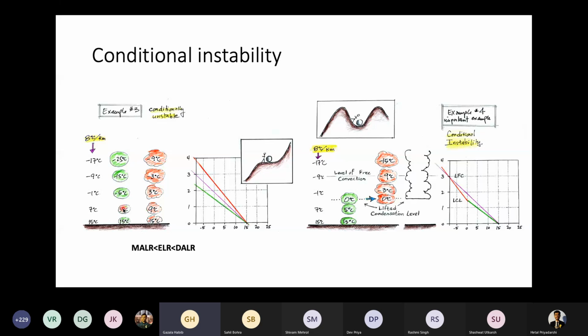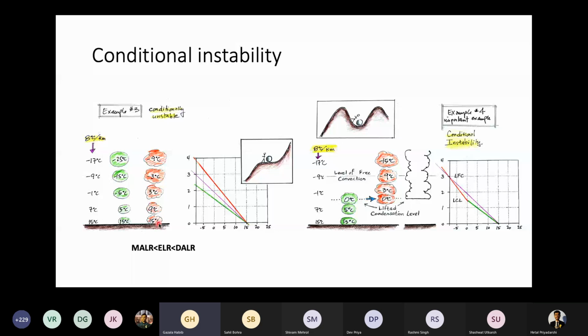The air parcel will try to move up, but its temperature will be lower than the surrounding temperature, and therefore it will not go further up, it will try to sink and come down. But if the air parcel is moist, then when it is dry, probably it will not move up.